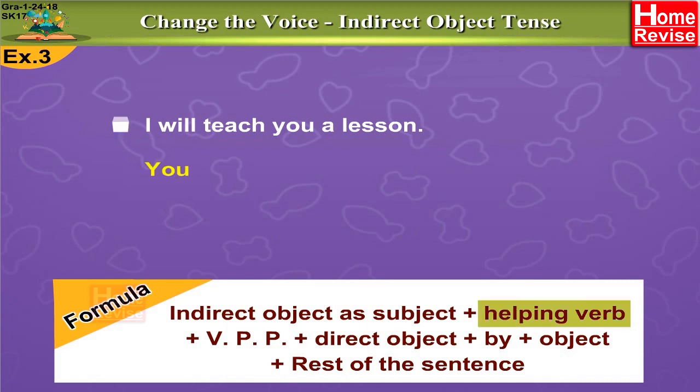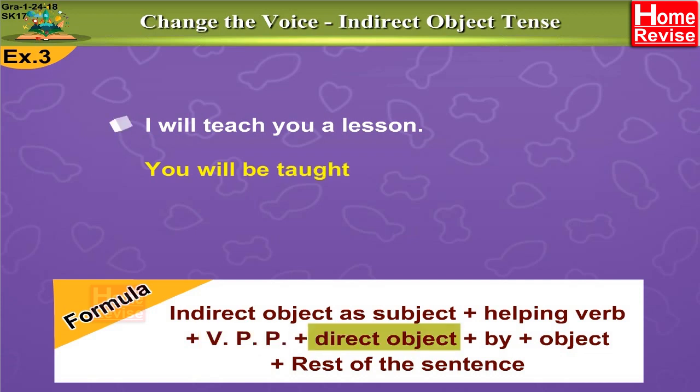You, the helping verb will, followed by be, and the past participle of the verb teach is taught. The direct object, a lesson, by whom? By me. So the answer is: you will be taught a lesson by me.